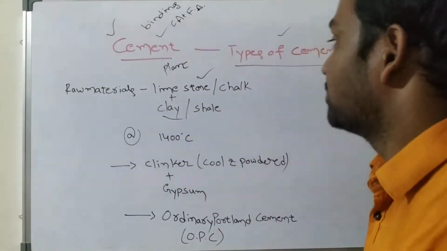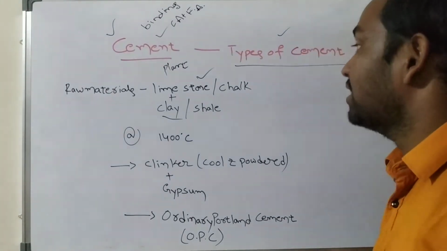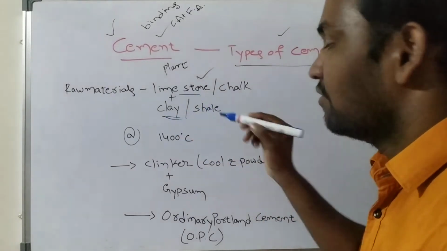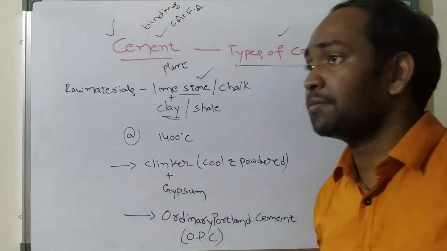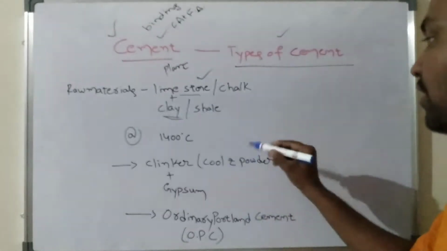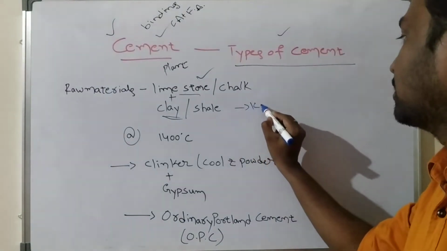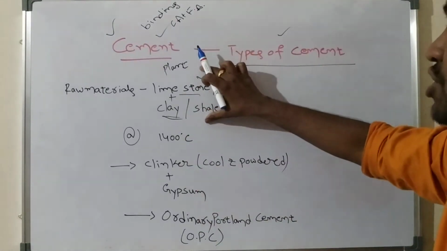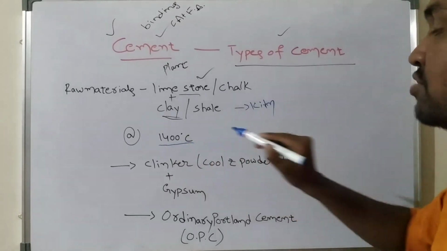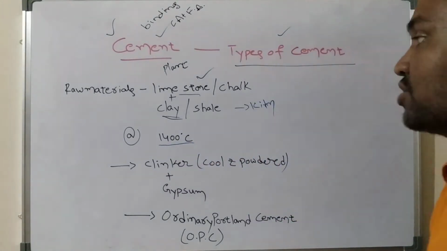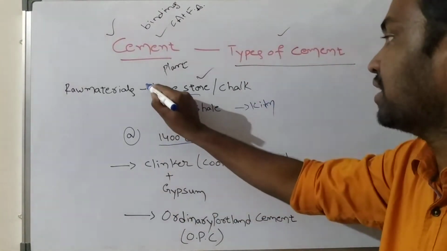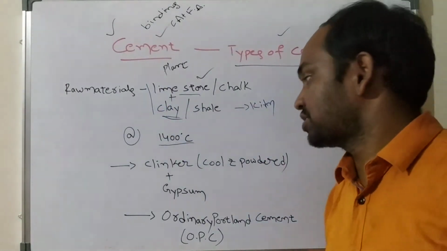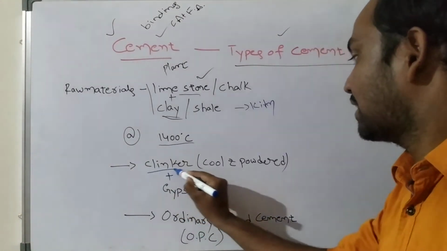In a cement plant, these two raw materials, limestone and clay, are mixed with each other in certain proportions, and then sent into a kiln. In the kiln, we heat that mixture up to a temperature of around 1400 degrees centigrade. At that temperature, the mixture of limestone and clay becomes a product called clinker.